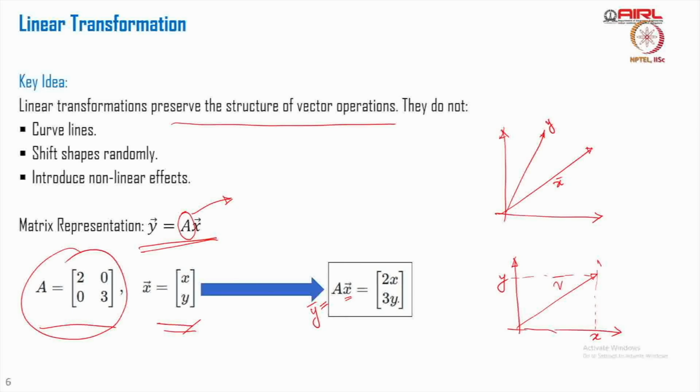So if we do that, then you can see that the outcoming vector y becomes 2x and 3y. That means the x component is stretched by 2 units and the y component is stretched by 3 units. So when we have the vector x, y, if the x component is stretched by 2 units and y stretched by 3 units, finally we get this outcoming vector.